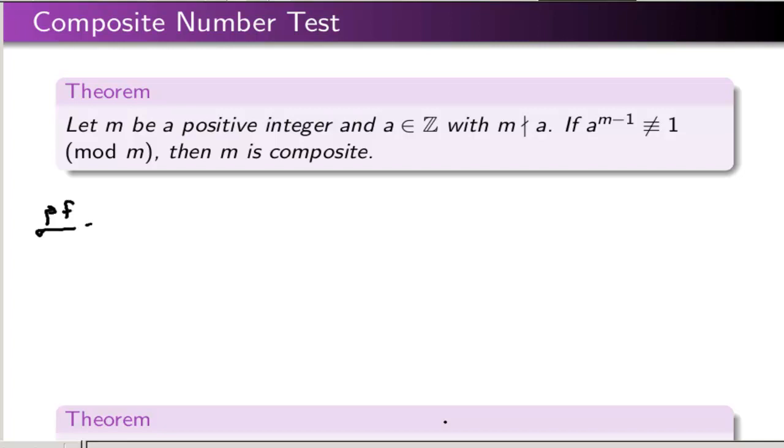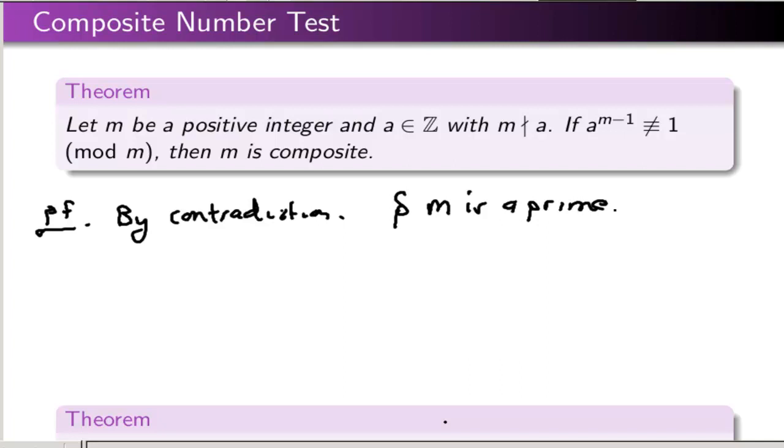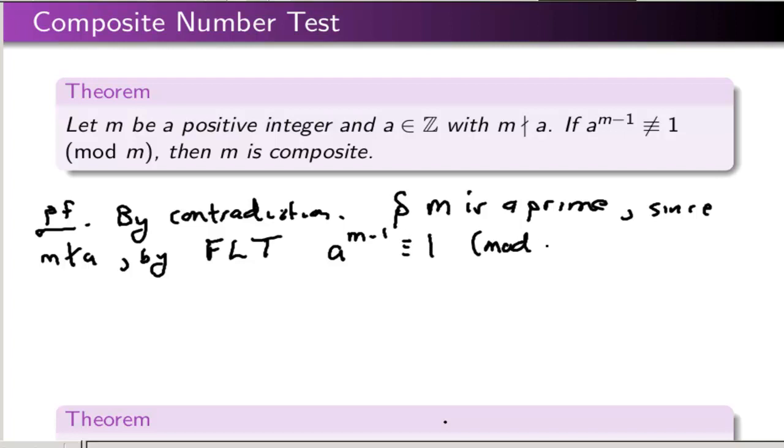to prove. So, proof by contradiction. Suppose m is a prime. Then since m does not divide a, by Fermat's little theorem, a to the m minus 1 power is congruent to 1 mod m.